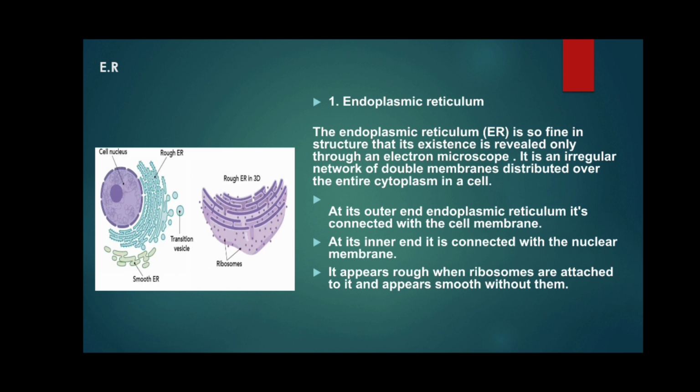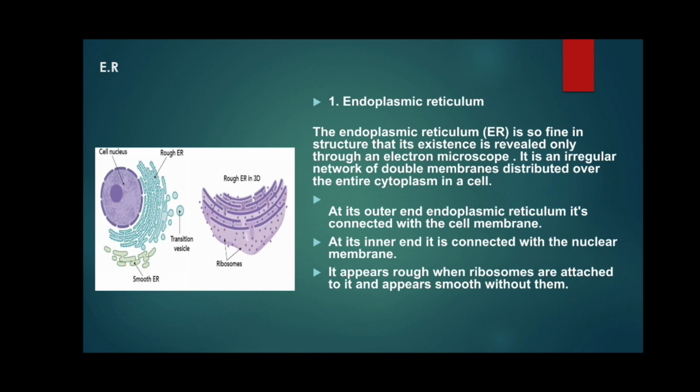If we observe the endoplasmic reticulum, we find that the outer end of the endoplasmic reticulum is connected with the cell membrane and the inner end is connected with the nuclear membrane. This organelle covers near about all the spaces, we can say the entire cytoplasm in a cell.